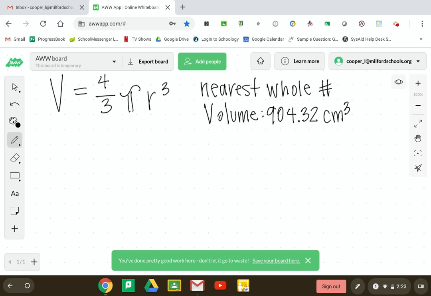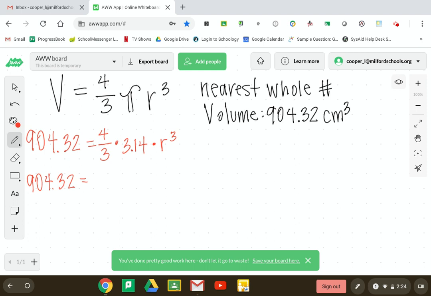So what we're going to do here is put that 904.32 in for V. So now we have 904.32, because that's our volume, equals 4/3 times 3.14 times r cubed.